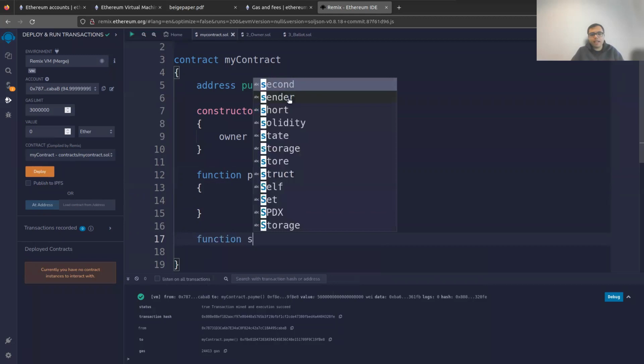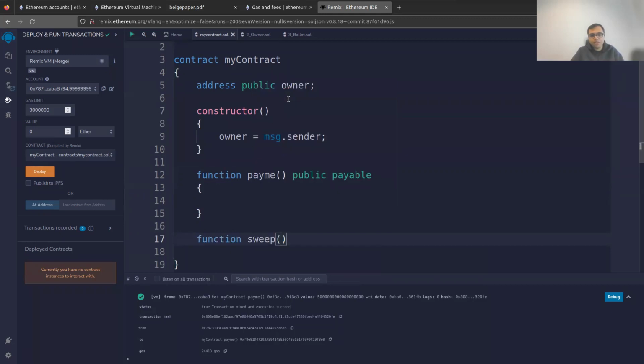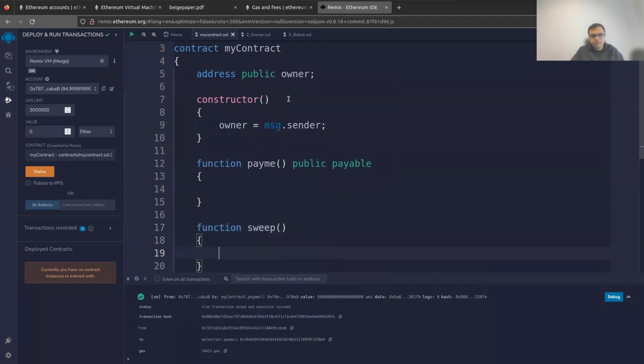And then let's say I have a function called sweep, which pays the entire balance of the contract to whoever calls it. Okay, so this is public. This is what I'm going to do.